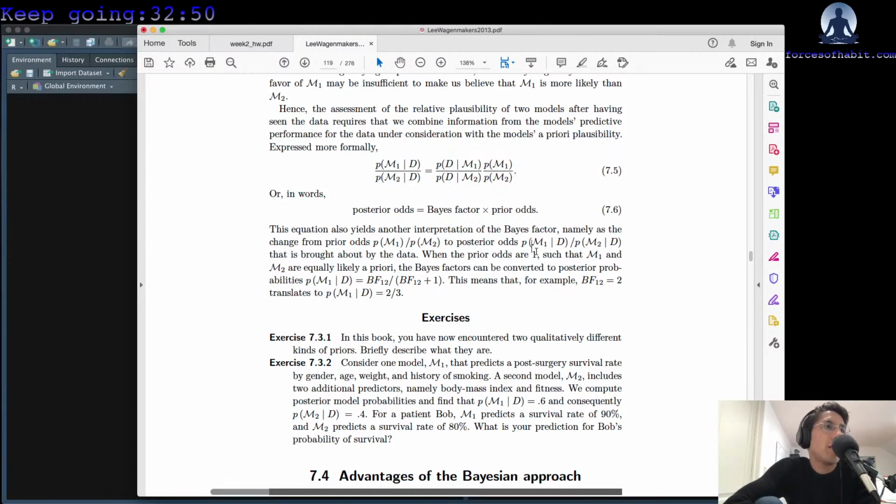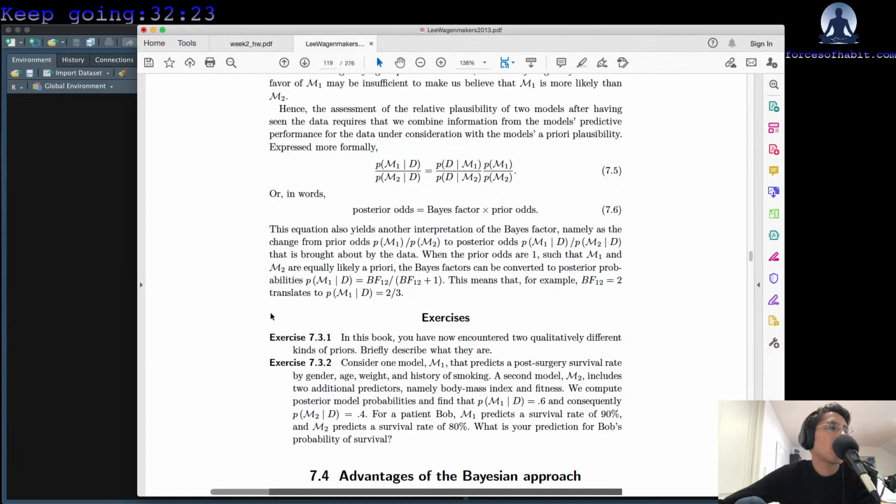When the prior odds are 1, the models are equally likely. Bayes factor can be converted to posterior probabilities. So the probability of the model is equal to Bayes factor over Bayes factor plus 1. This means, because the odds are equal to 1, they're equally likely, so we have the Bayes factor over the Bayes factor plus 1.